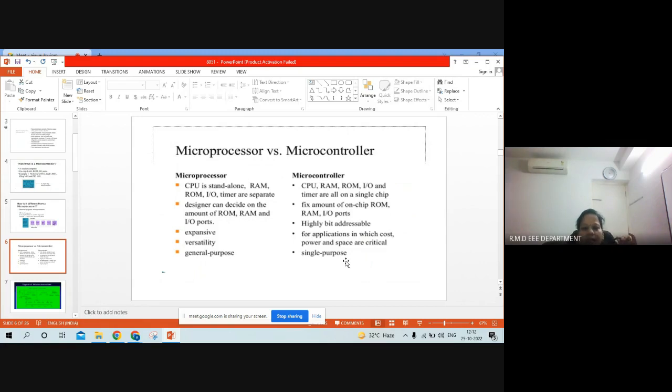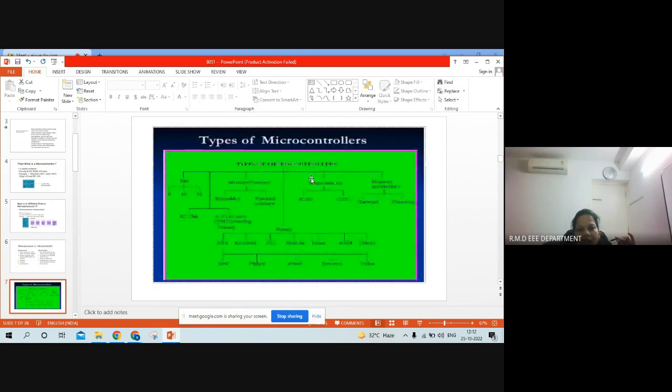Then, coming to the classification of microcontrollers, we have classifications based on different criteria. First, considering the number of bits on which it operates, we have 8-bit, 16-bit, and 32-bit microcontrollers. Depending upon the memory used, it is divided into embedded and external memory microcontrollers. Based on the instruction sets, it is RISC and CISC.